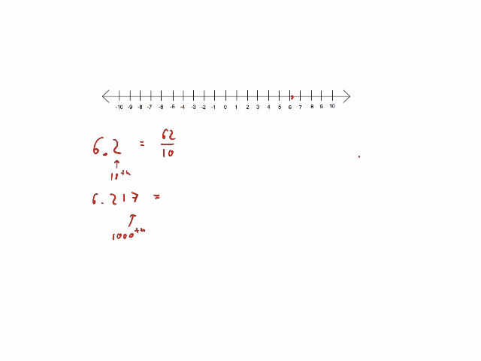And because it goes to the 1000th place, I could write it as 6,217 over 1,000. So it is equivalent to a rational number. And it's very easy to convert any decimal into a rational number. It's just much more compact to write it as a decimal, and it's much easier to work with arithmetically.